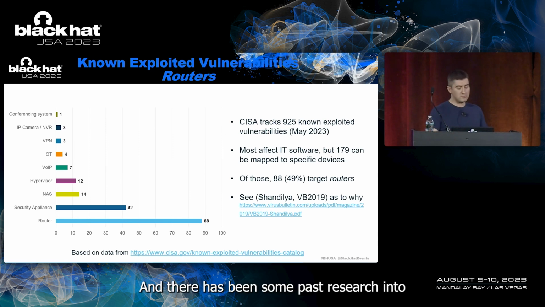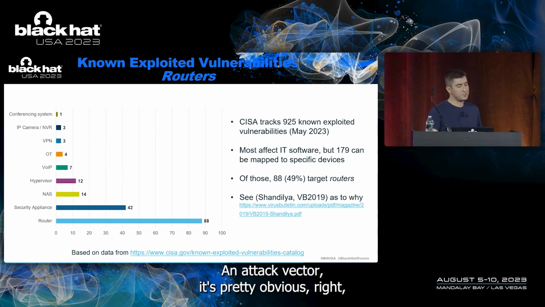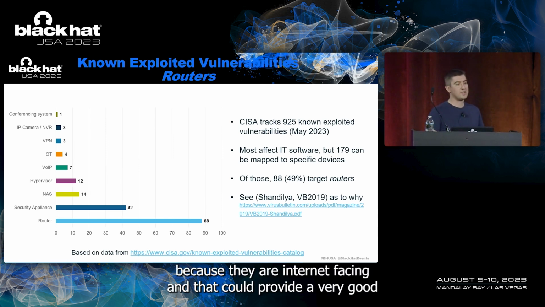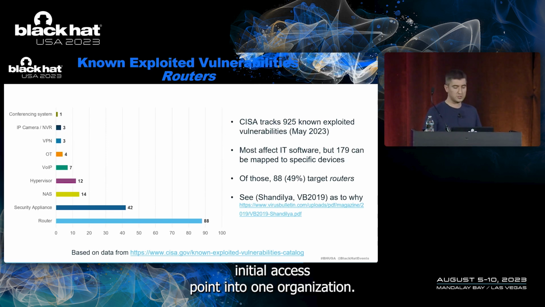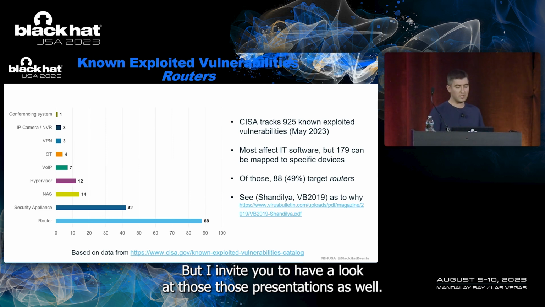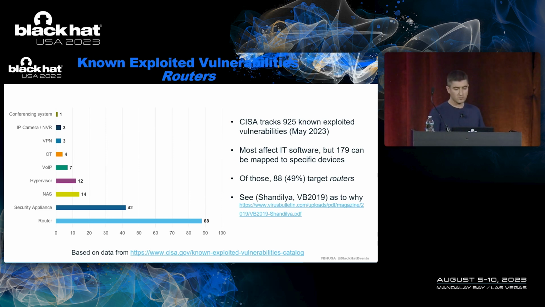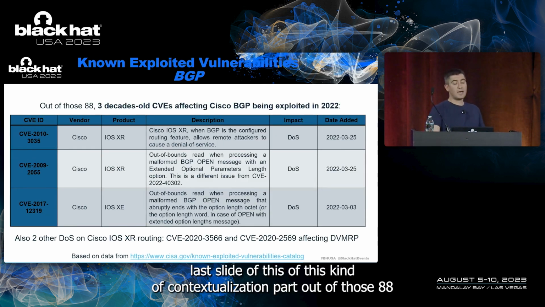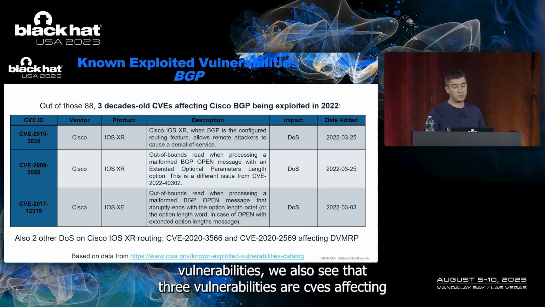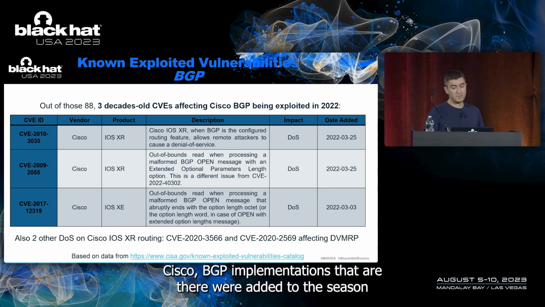And there has been some past research into why routers are so popular an attack vector. It's pretty obvious, right? Because they are internet facing and they can provide a very good initial access point into an organization. But I invite you to have a look at those presentations as well. And the last slide of this contextualization part, out of those 88 vulnerabilities, we also see that 3 vulnerabilities are CVEs affecting Cisco BGP implementations.